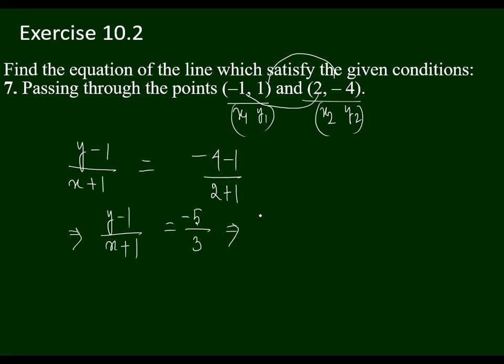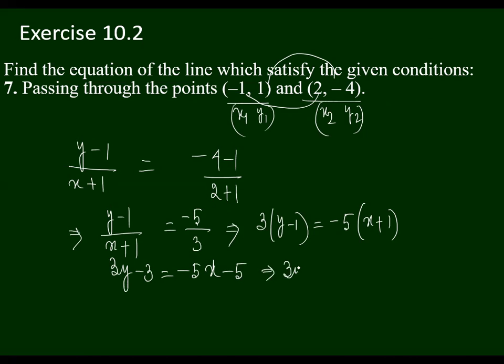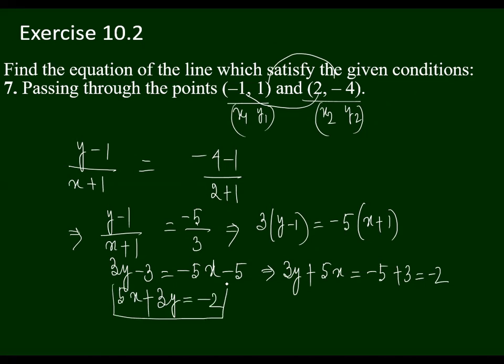On cross multiplication, you'll get 3 into (y minus 1) is equal to -5 into (x plus 1). So 3y minus 3 is equal to -5x minus 5, or 3y plus 5x is equal to -5 plus 3, that will be -2. So this is the final equation: 5x plus 3y plus 2 is equal to 0.